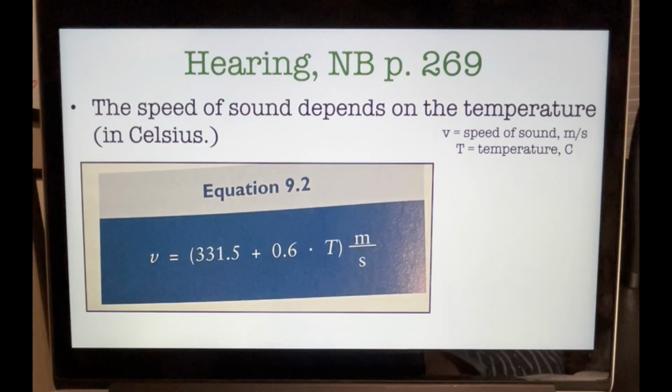In this equation, V stands for the speed of sound, while T stands for the temperature. In order for this equation to work, the temperature used must be in units of Celsius. To determine the correct measurement for experiment 9.2, you would need to know the outside temperature in degrees Celsius. Then you could plug the temperature into the equation, the way I do in the example below, and determine what the correct answer should be.